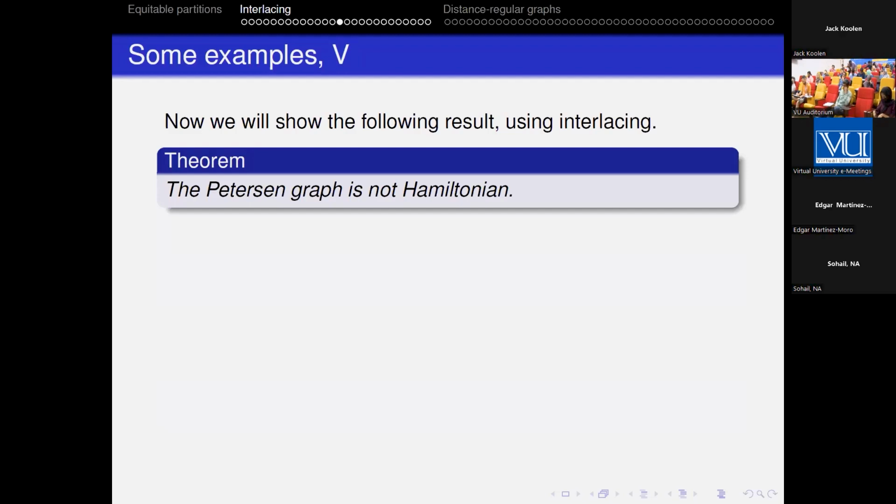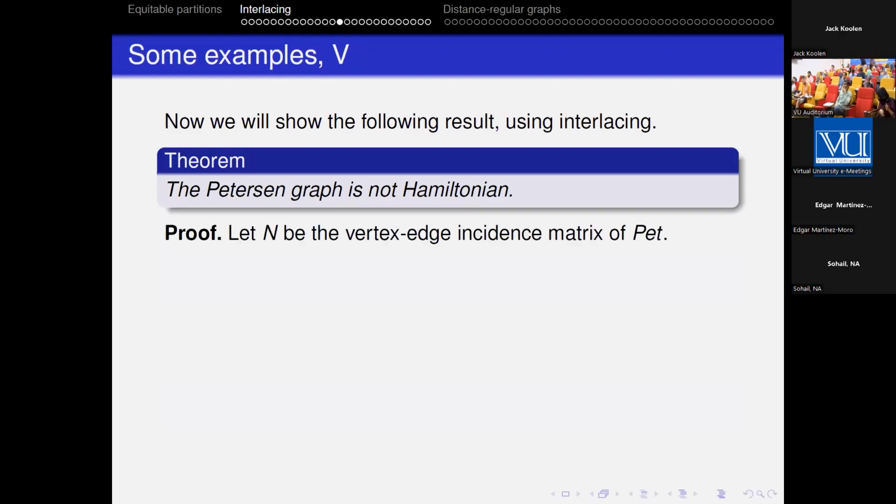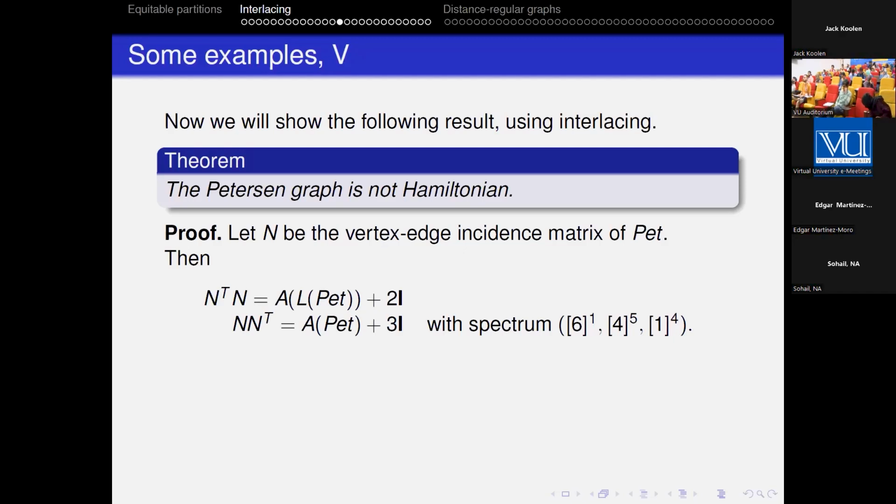We look at the vertex-edge incidence matrix N of the Petersen graph. Then N transpose N is the adjacency matrix of the line graph of Petersen plus 2I, and N times N transpose is the adjacency matrix of Petersen plus 3 times the identity, because the Petersen graph has valency 3.